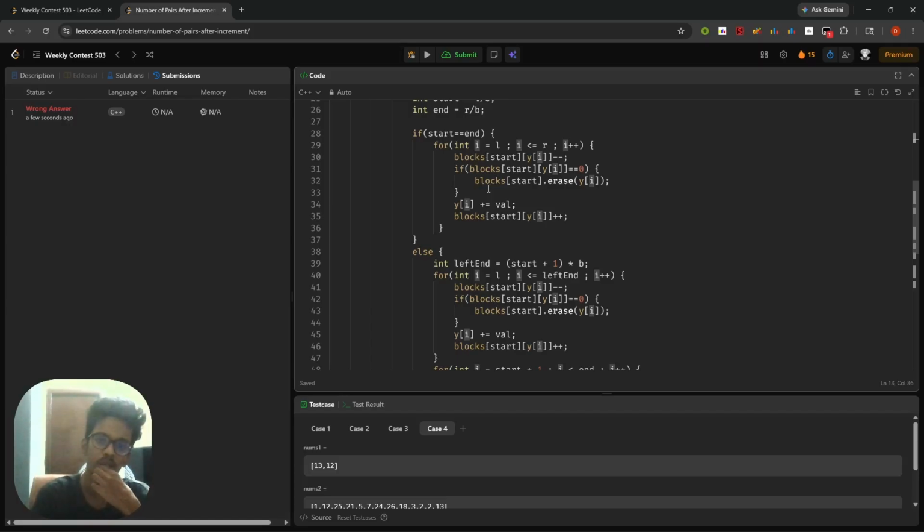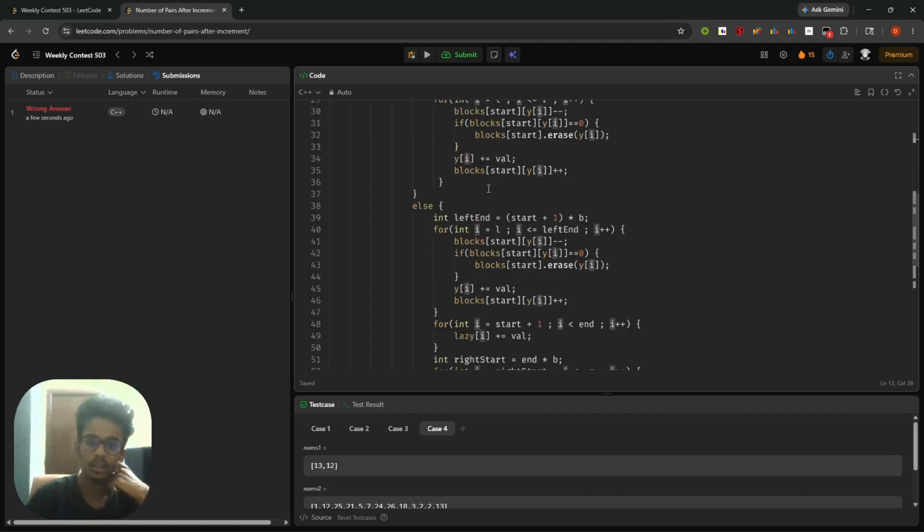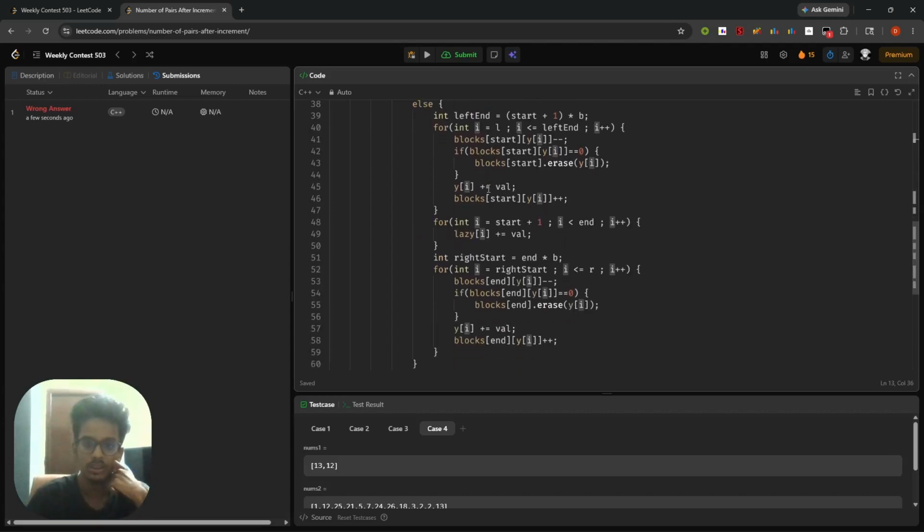If it becomes 0, erase it. Yi plus equal to y, blocks of start, yi plus plus. Otherwise, you would compute left hand, which is start plus 1 into b. I equal to l. I less than or equal to left hand.